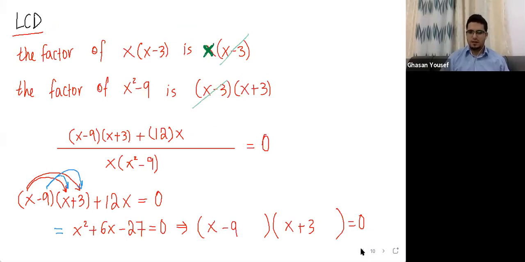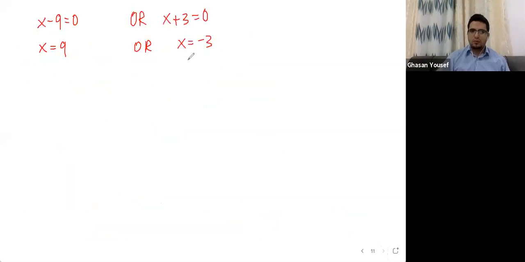So these are the solutions for this fraction. Now you have to check whether these are correct solutions or not. You have to plug x equals 9 inside the fraction and you have to plug x equals minus 3 inside the fraction. So let's take x equals minus 3 and plug it inside the fraction.